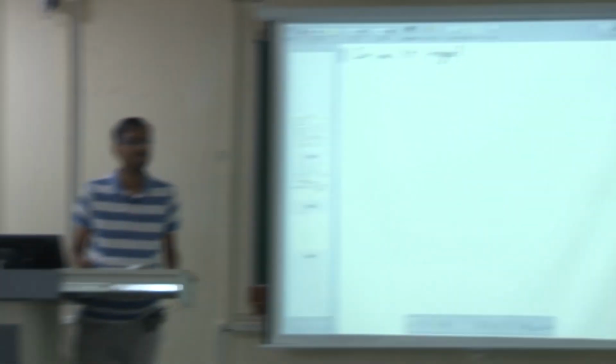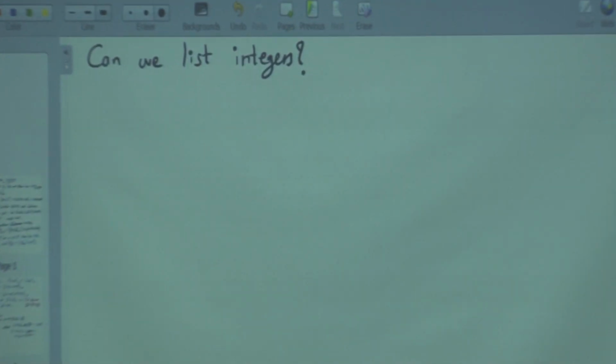Okay, now I should add a page over here. Now, when I am talking about integers, I will use positive and negative symbols. Can we list all integers? I can start at 0, then I can say 1, minus 1, 2, minus 2, and so on.